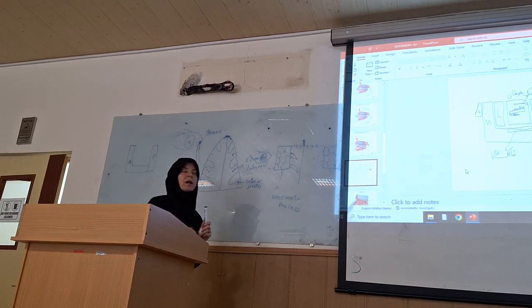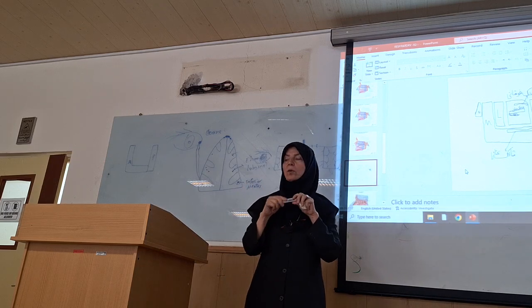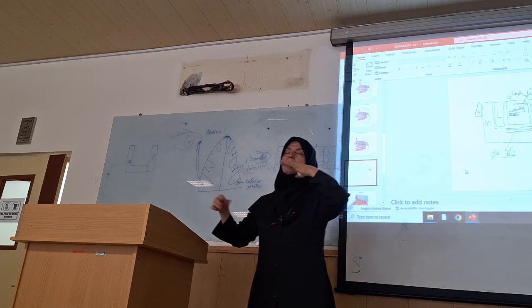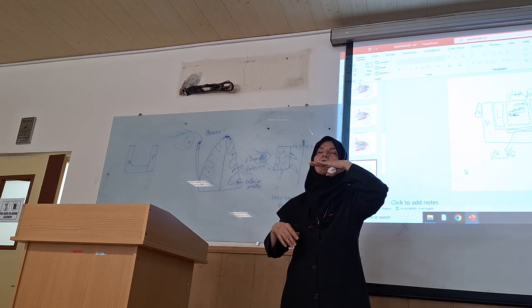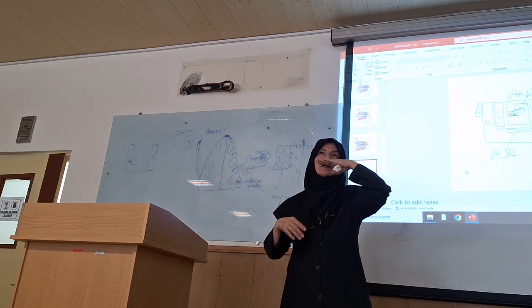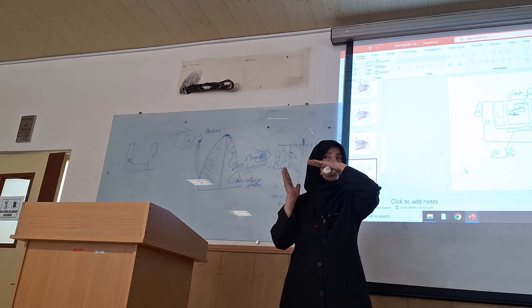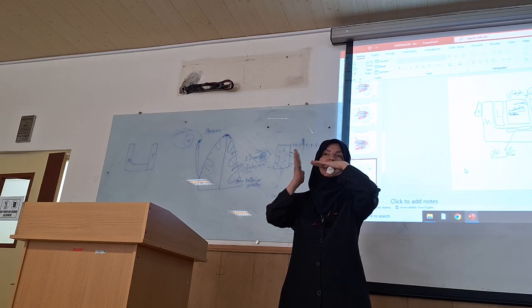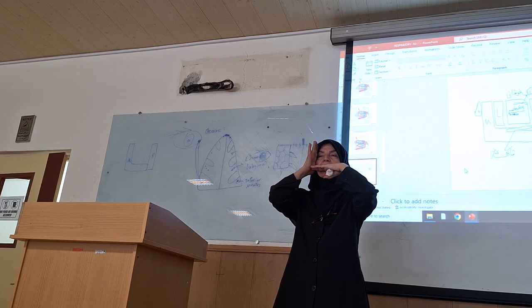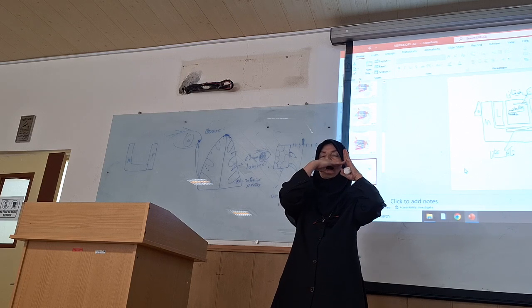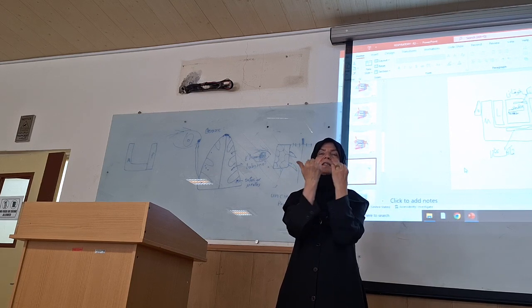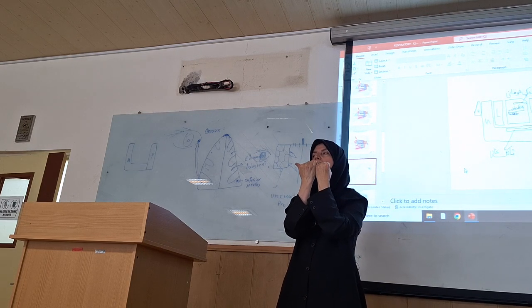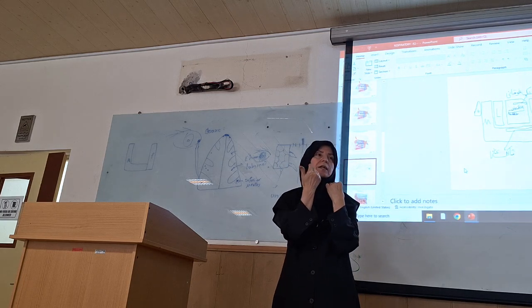So the palatine. Now look at the palatine bone. The palatine bone participates in the roof of the oral cavity and the floor of the nasal cavity. The palatine itself consists of a horizontal and a vertical part. The horizontal parts, left and right, participate in the roof of the oral cavity and floor of the nasal cavity.